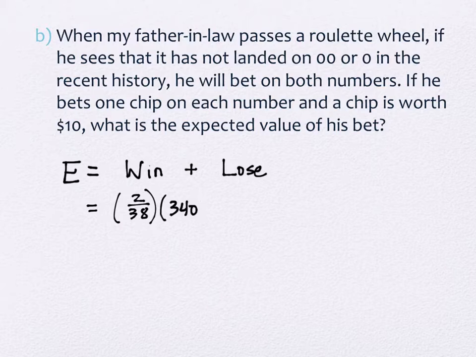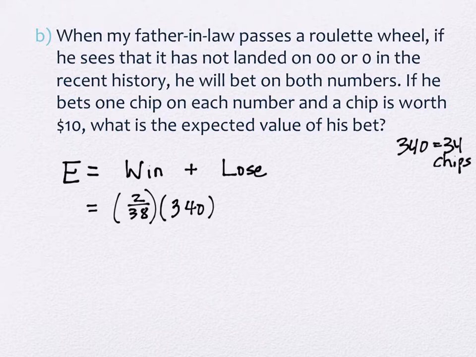Okay, so let me write this out a little bit clearer. Let's write our 340 here, and then we'll put it over to the side how we did it. So our 340 comes from the fact that this is 34 chips.